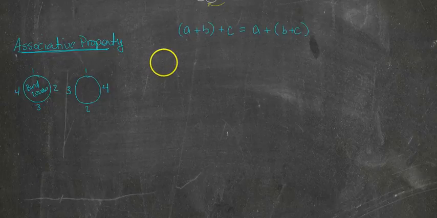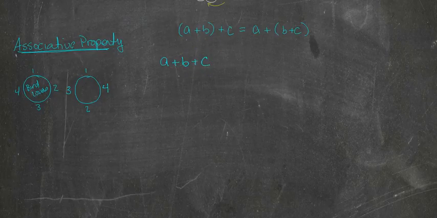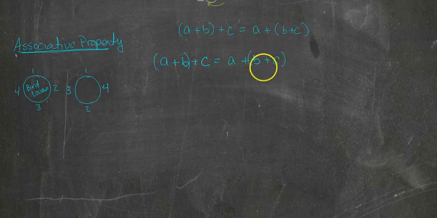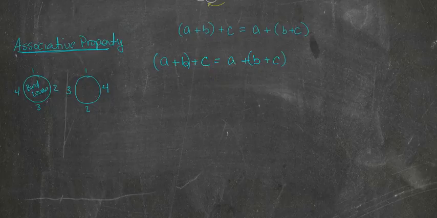It says that if you take 3 numbers, A plus B plus C, if you add A plus B first and then add C, you're going to get exactly the same value as if the same numbers came together and you add B plus C first and then add A. So that's the associative property, and let's look at it at work.